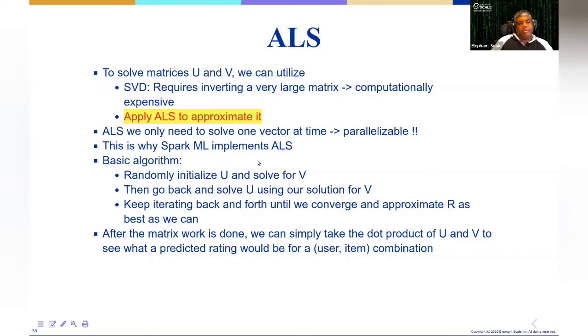One of the cool things about ALS is that it's easily parallelizable. That's why a lot of recommendation systems use ALS. For example, Spark has a built-in ALS algorithm, because Spark runs on multiple machines. Imagine your data is spread across many machines, with a matrix here.